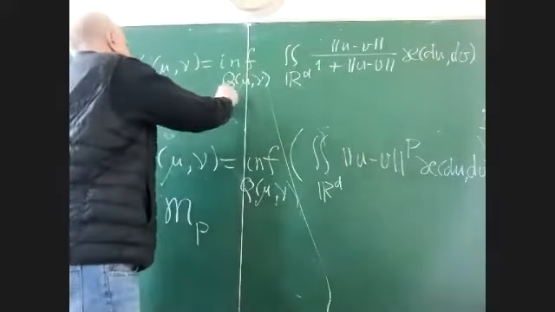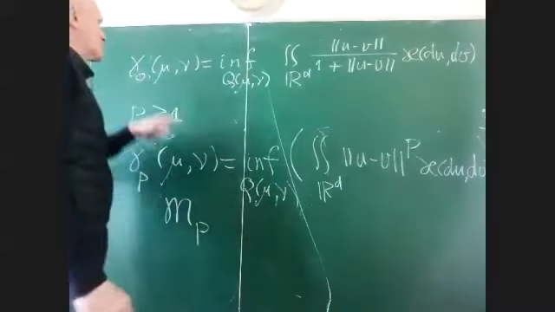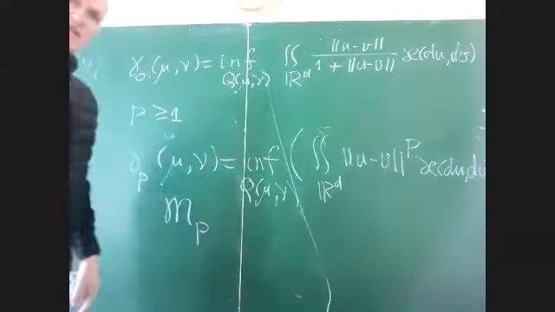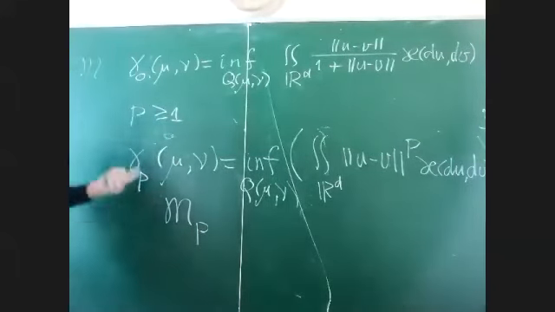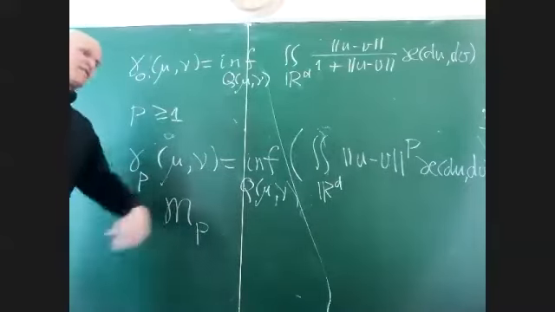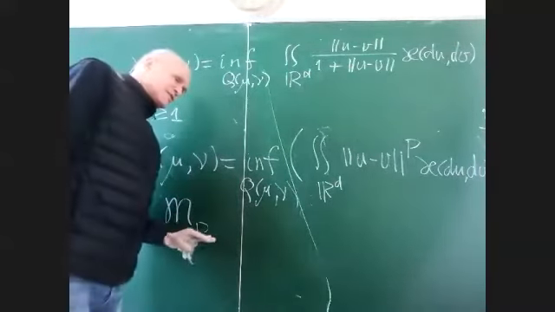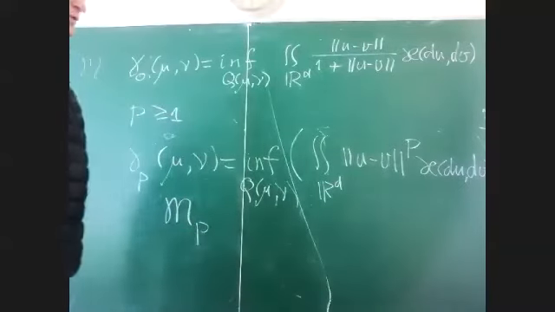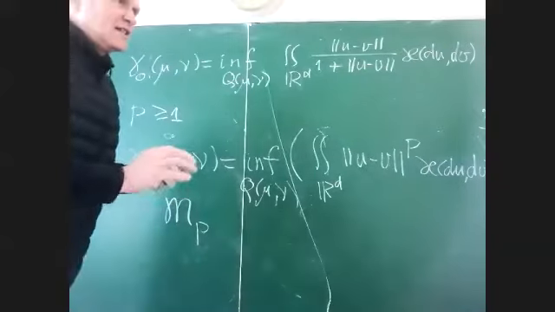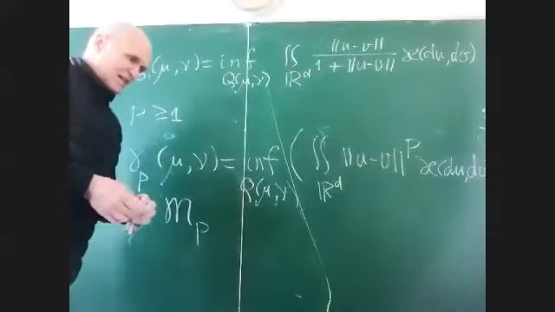By the way, convergence in the Wasserstein distance of order 0 is equivalent to the weak convergence of measures, and convergence in the Wasserstein distance of order p is equivalent to the weak convergence and uniform boundedness of the moments of order p.